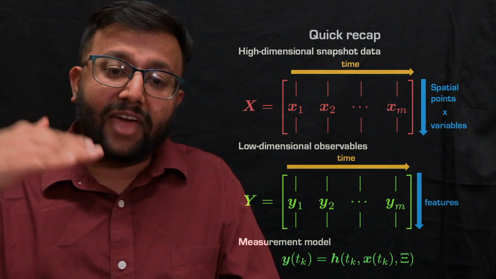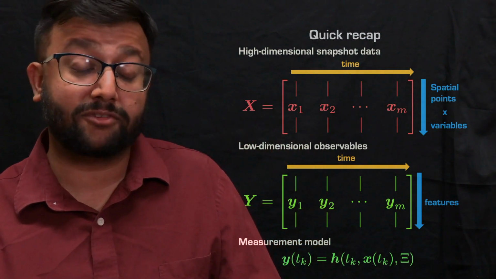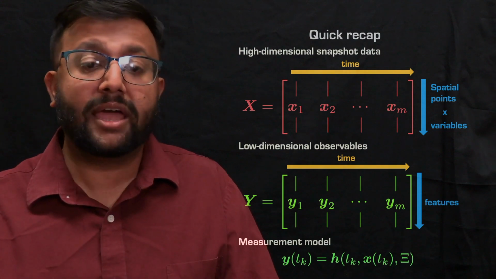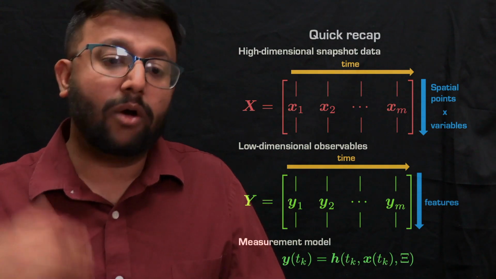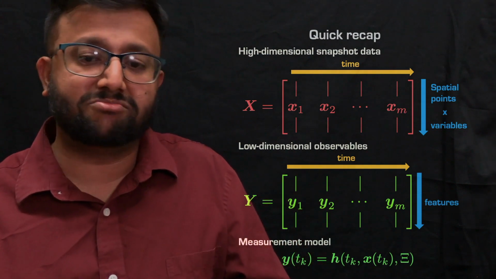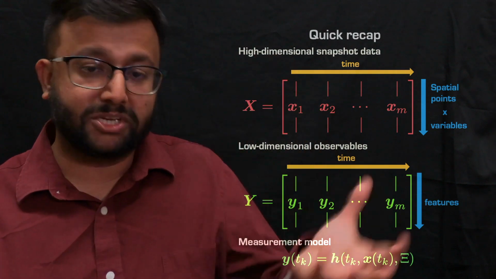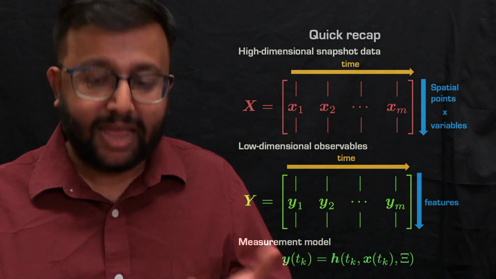And the rows of X are the spatial points and the variables that are of interest. And the spatial rows of Y are different features. Now, the measurement model for Y is usually given by this general function H, which maps the states, which are X, to the outputs, which are Y.